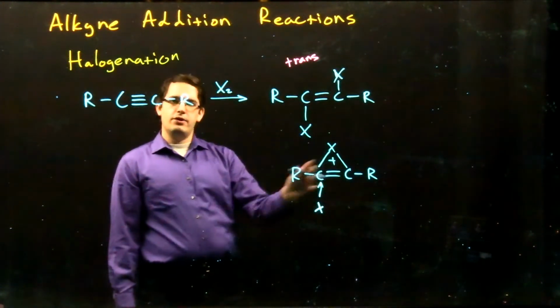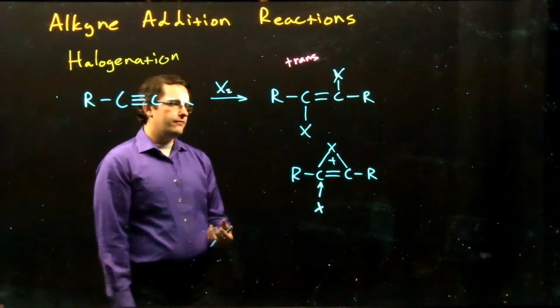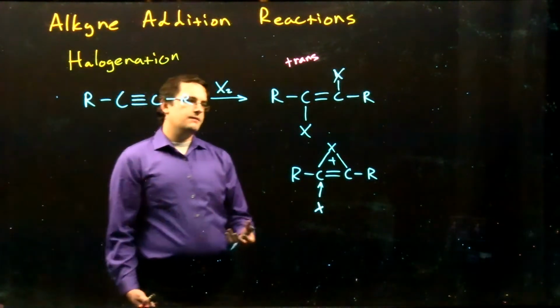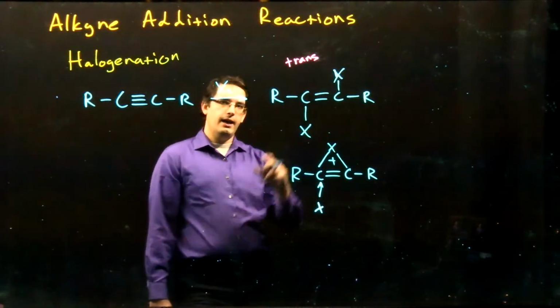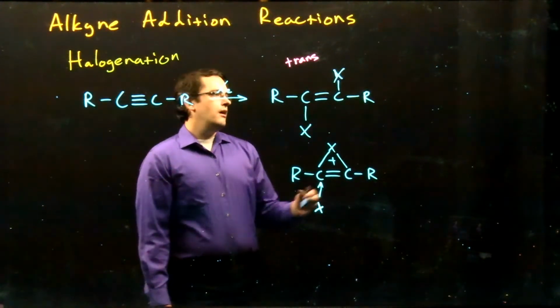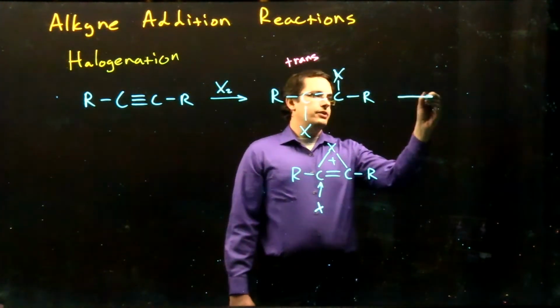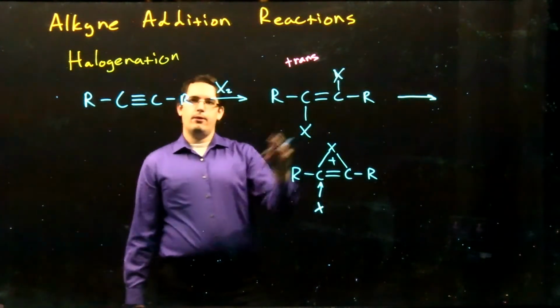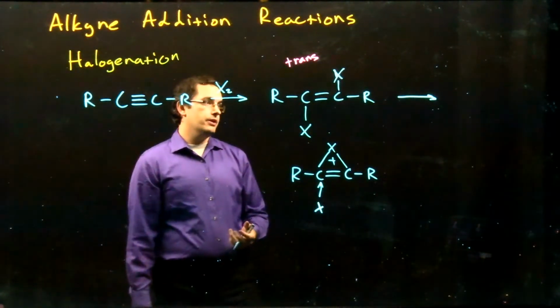Now it's not known for sure if this halonium ion intermediate actually forms, but it does explain this sort of anti-addition that results in our trans product. Now as with our hydrohalogenation, our double bond of course is still reactive to that halogen.